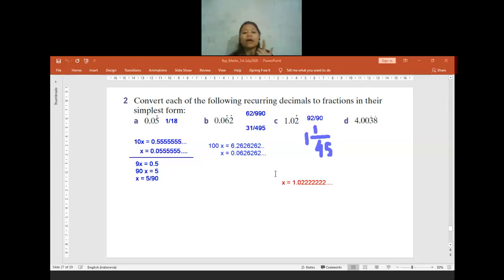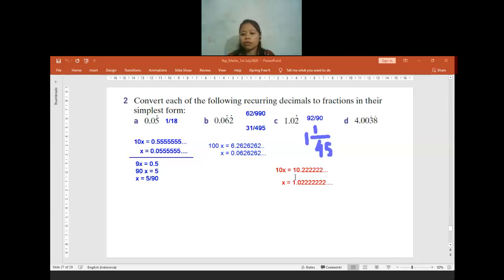If 1, so do we find 10x, 100x, or 1000x? 10x. Okay, we find 10x. If it is 10x, it means the decimal number before, we multiply by 10. From 1.02222, we multiply by 10, it will be equal to 10.22222, like this, right?